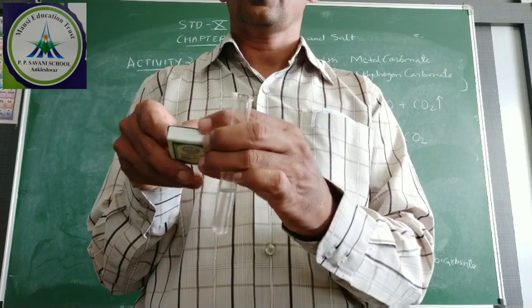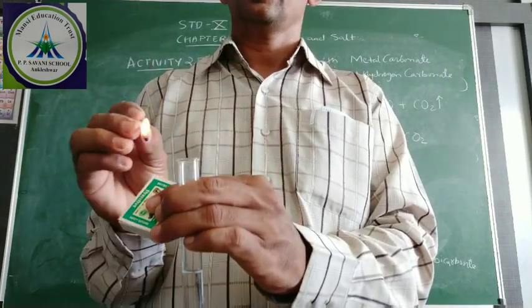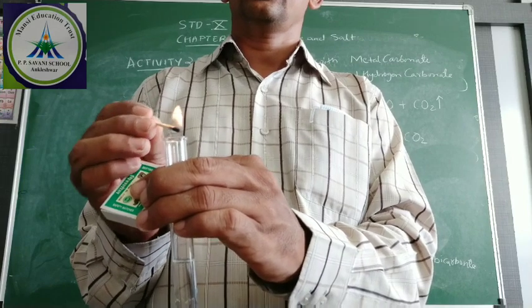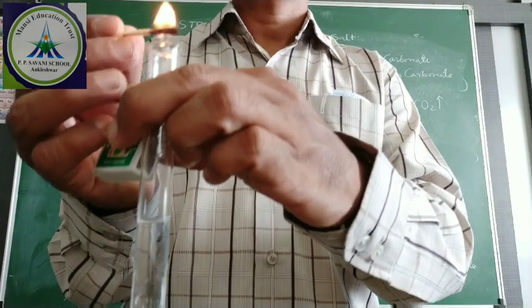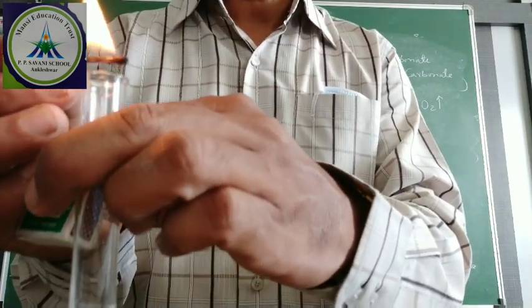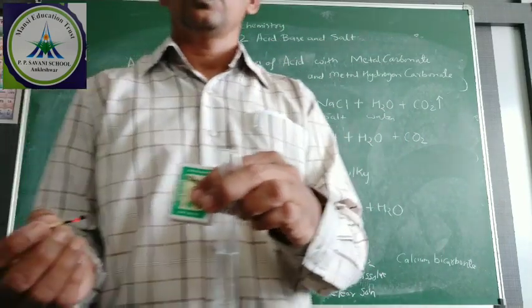Check the flame. If you check the flame, the CO2 gas evolved will make the flame disappear. On the spot you have to check.